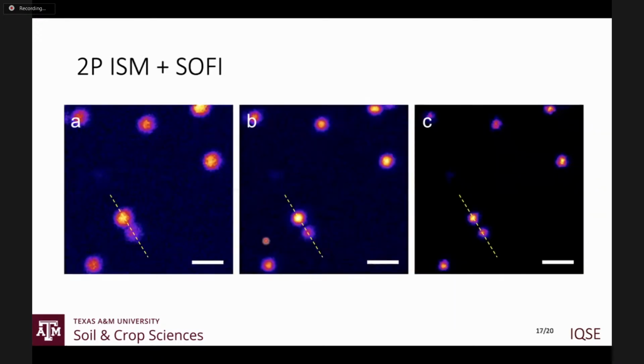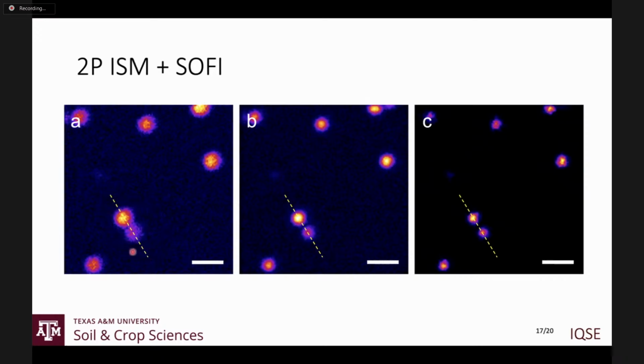And then finally, we used the same method to combine image scanning microscopy and SOFI post-processing on a quantum dot sample in one measurement, where you can see that we get over here about 2 quantum dots that are quite nearby.